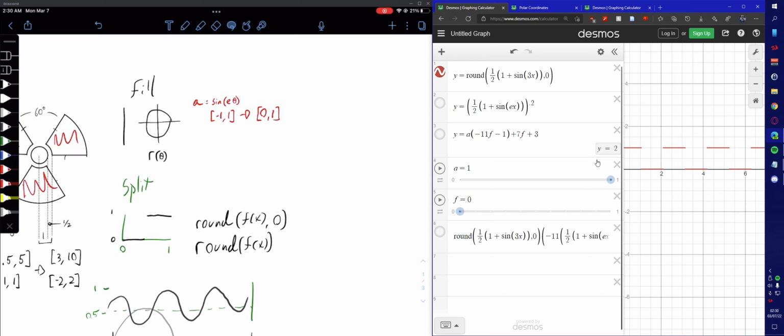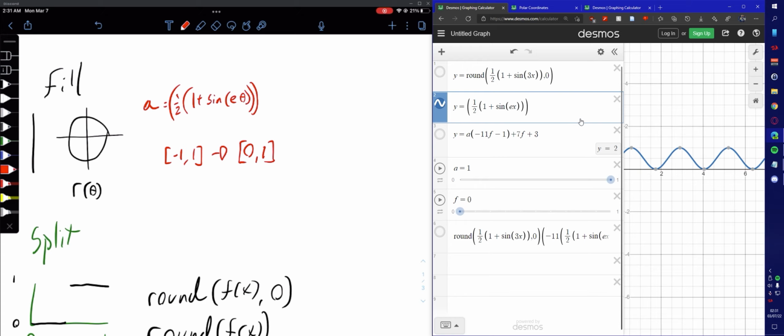So what we do is, for this, we multiply it by 1/2. And then we add 1/2. Very similar. Now I've actually simplified this out. And let's graph this.